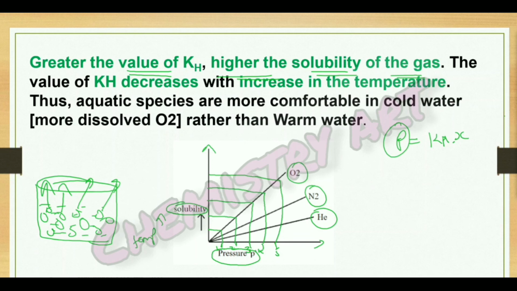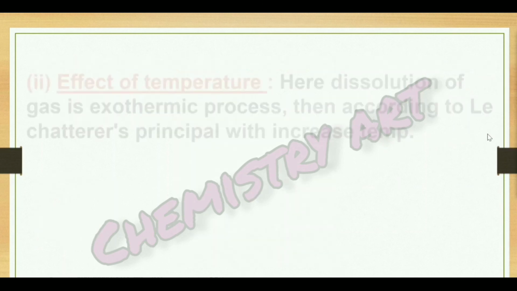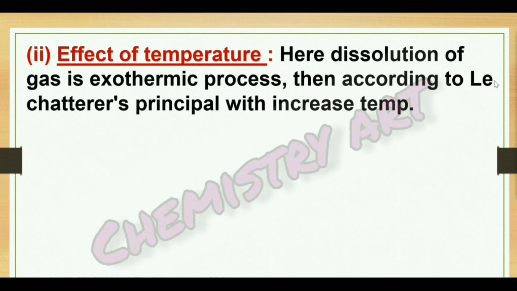Now the next point is the second factor affecting the solubility of the gaseous solute. It is temperature. As you can see here, the effect of temperature: as I have discussed, dissolution of a gas is an exothermic process, which means it is releasing energy. If you are dissolving some gas into the liquid, it is releasing energy.